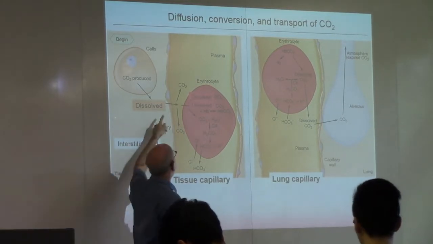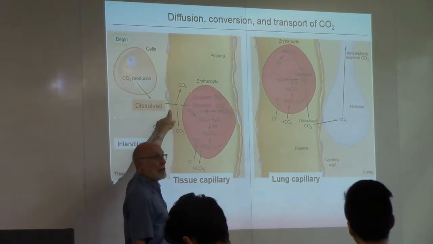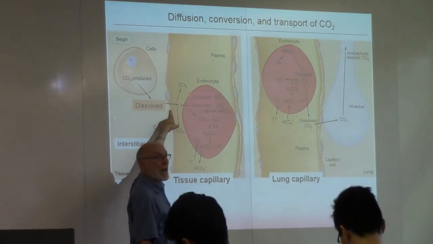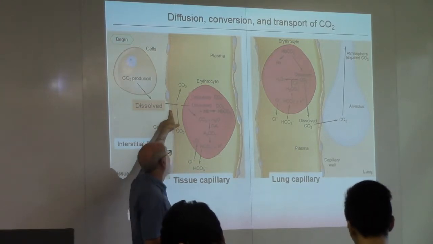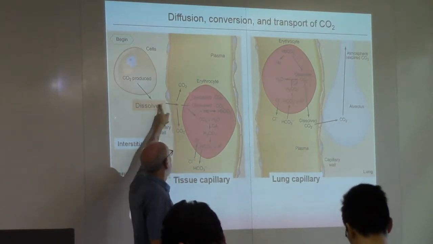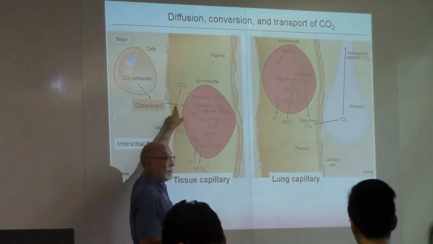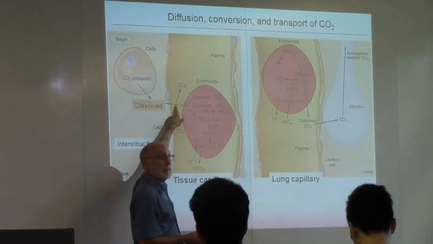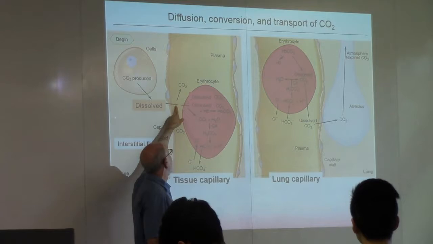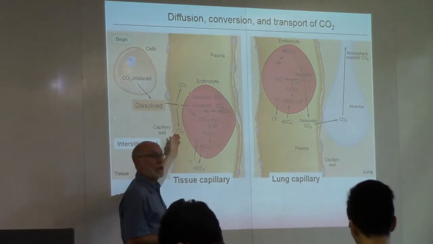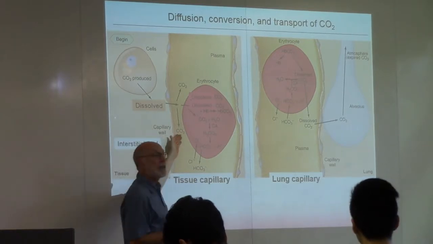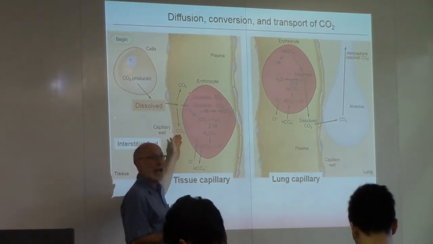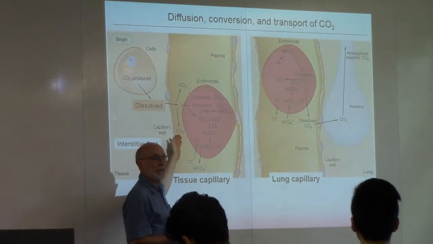It diffuses through the endothelium of the capillary that is perfusing whatever tissue we're talking about. So we're now in the capillary. It diffuses into the blood plasma, where some of the CO2 is dissolved. I mean, it's dissolved everywhere, but some of this CO2 that diffused there stays there as dissolved CO2.